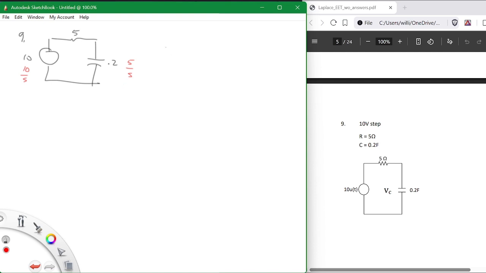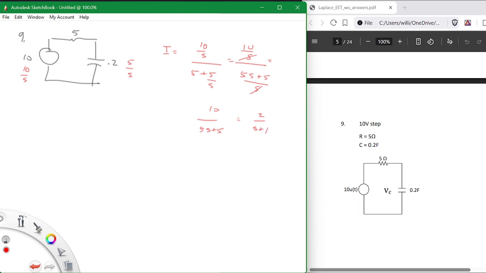So what is I? 10 over S over 5 plus 5 over S. Now it's 5S. Okay, so it's 5S plus 5 over S. The denominators go away. What? 10 over 5S plus 5, or what? 2 over S plus 1.